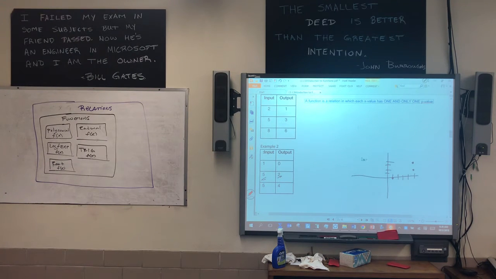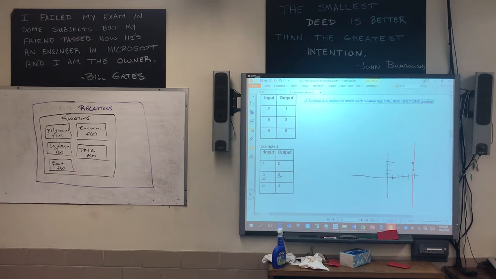If I take my vertical line again, now here's the thing: does it pass there? Absolutely. Okay, but does it pass there? No. And how many times do I need to fail to show that it fails overall? Just the one time. So that is not a function.